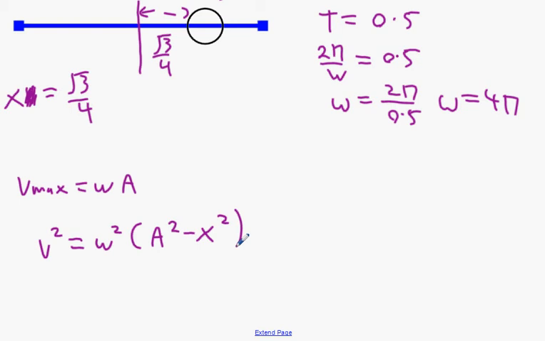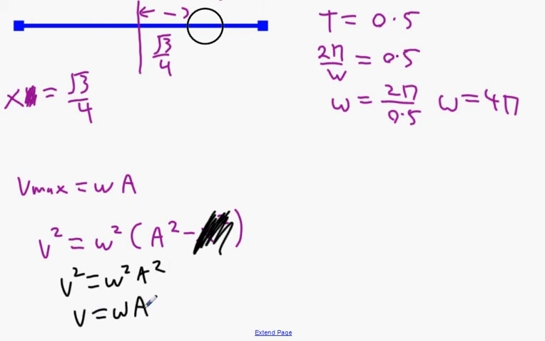You just put in x equals 0 and that eliminates the x. It's gone. And then you're left with v squared equals omega squared A squared, so v equals omega A. That's perfect, okay? Now, you know omega is 4 pi, so it's 4 pi A. Now, it states that the velocity is half of Vmax. So what's half of Vmax? 2 pi A.